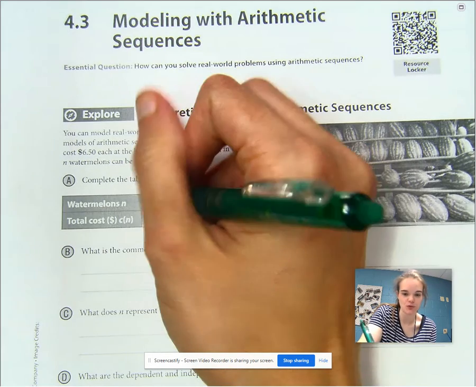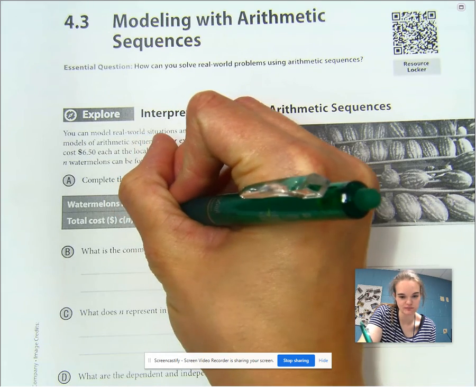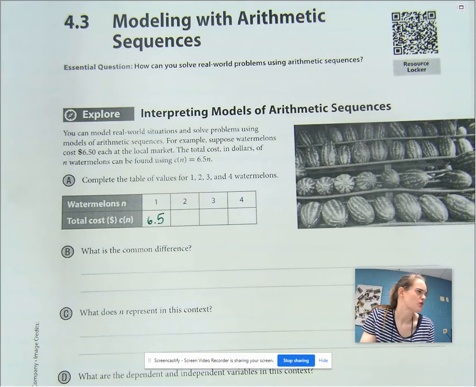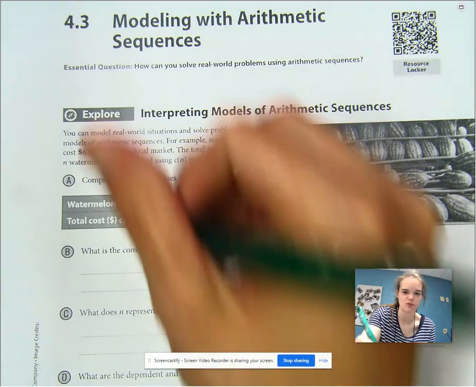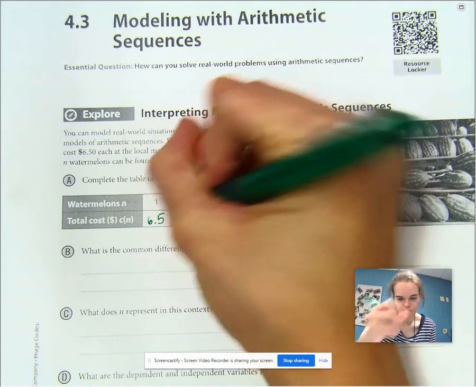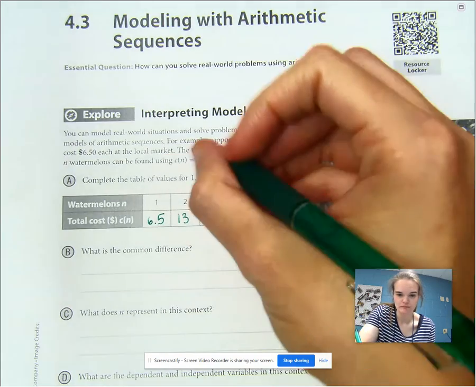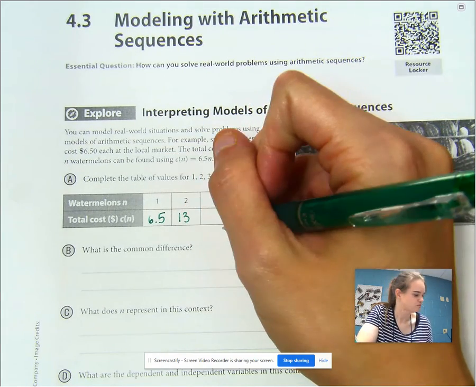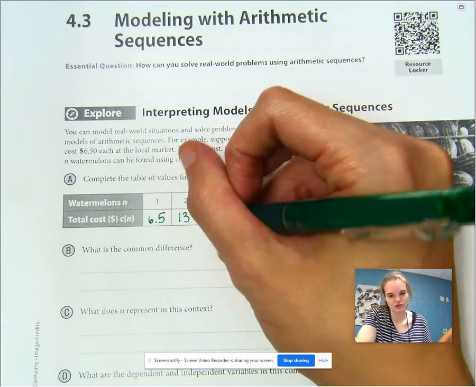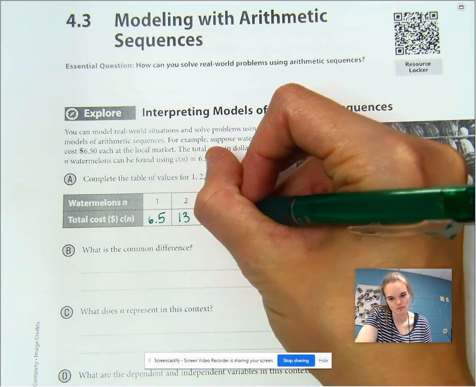All right, now, so for one watermelon, it's $6.50. For two, we have 12, and then double is 13. Add $6.50 and you get $19.50.